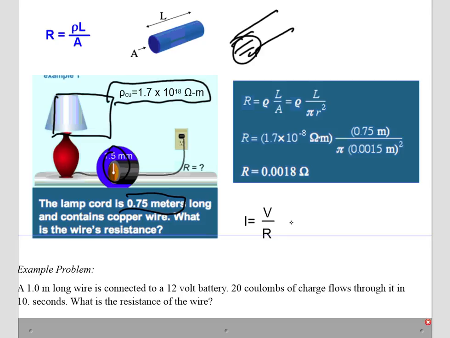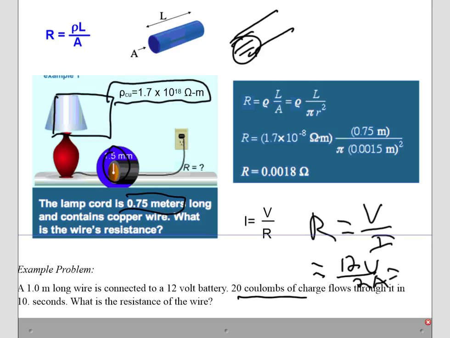You can use Ohm's law to calculate that the resistance of the wire is the voltage divided by the current. A 12-volt battery divided by the current, which is 2 amps, right? It's 20 coulombs flowing in 10 seconds.